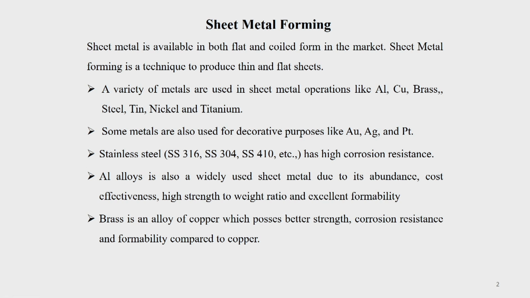It is very light, with a high strength to weight ratio, and it has excellent formability, so that it can be easily deformed to any shape without much difficulty. That is why aluminum stands out. For the last 20-25 years, aluminum has picked up heavily in the domestic sector, for kitchen utensils, pressure cookers, and a variety of applications.